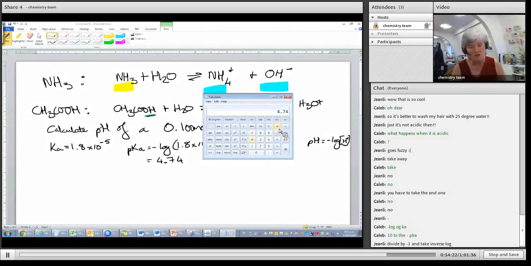So practice, if you're not sure how to use your calculator, keep practicing changing one to the other. Use simple values, like 1 times 10 to the minus 5, and then reversing that.